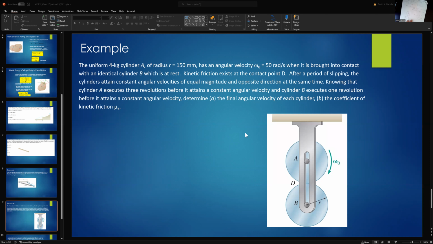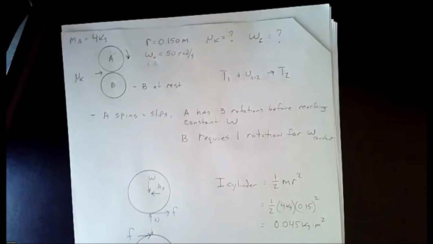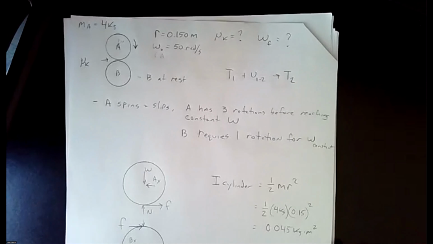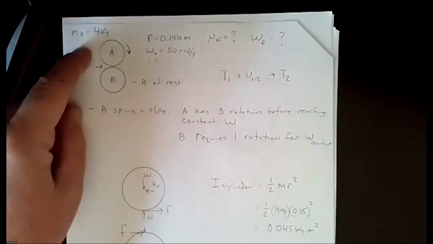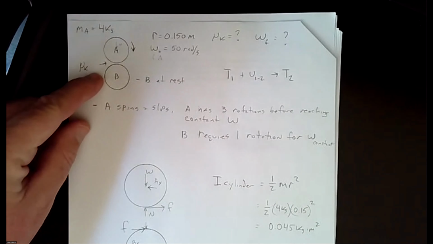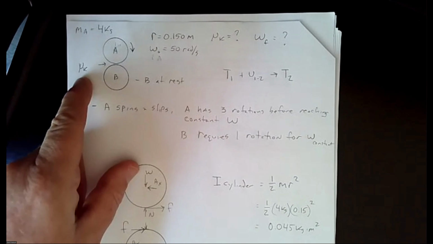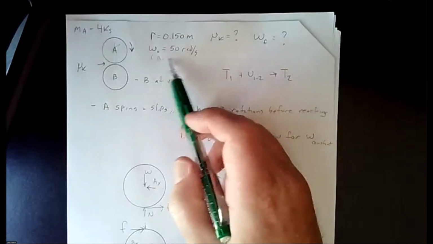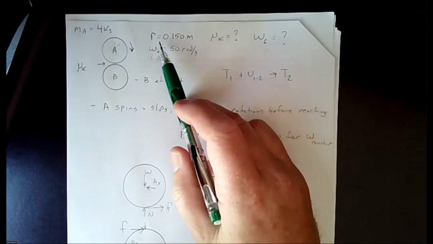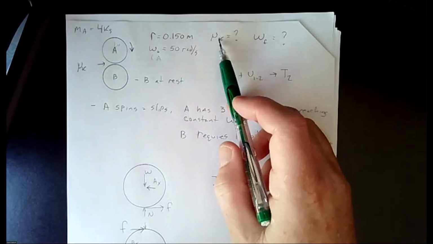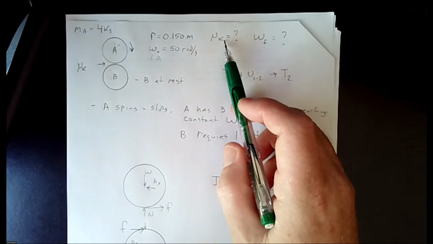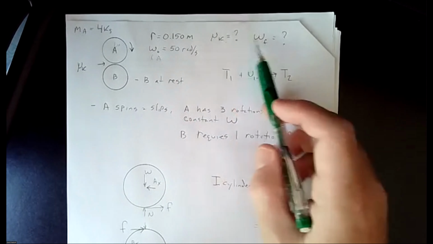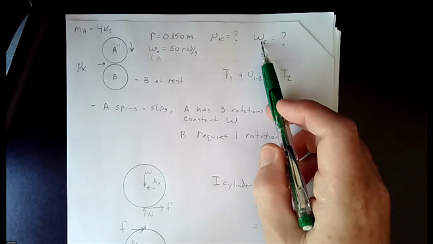All right, so I went ahead and drew this out ahead of time, but here we have the mass today is 4 kilograms. You have mu k between the two, B is at rest, omega naught is 50 radians per second, R is 0.15, and we want to find what that friction coefficient is, and we want to find what the final omega is.